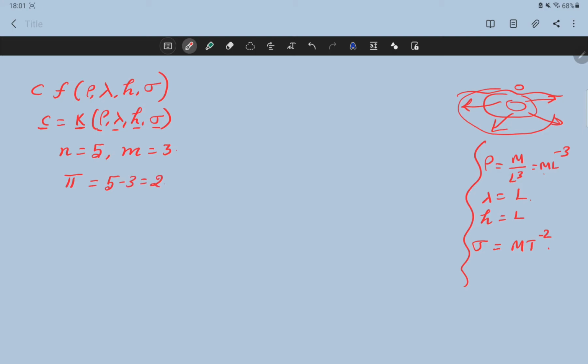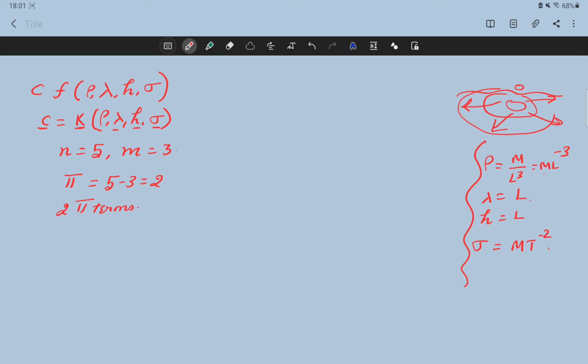So we are going to have two dimensionless pi terms, two pi groups.